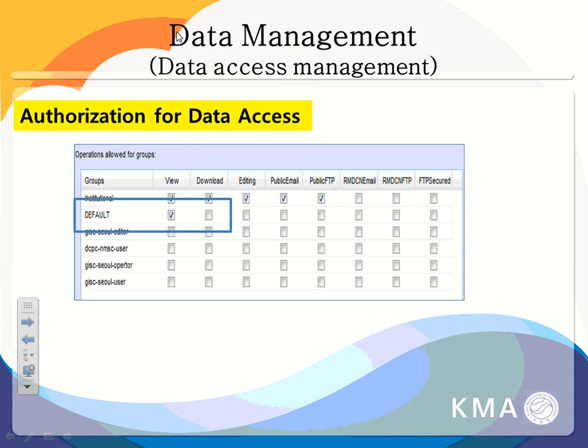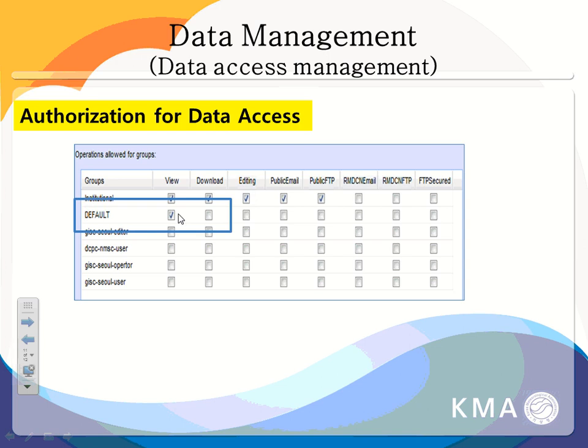So if I log in at first stage, I have the default privilege. If I just registered in NMSC DCPC, I have just the default privilege, like I can view the data and I can view the metadata.